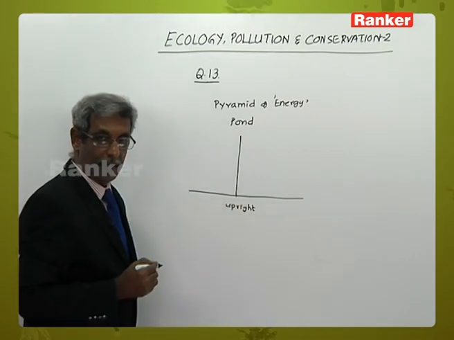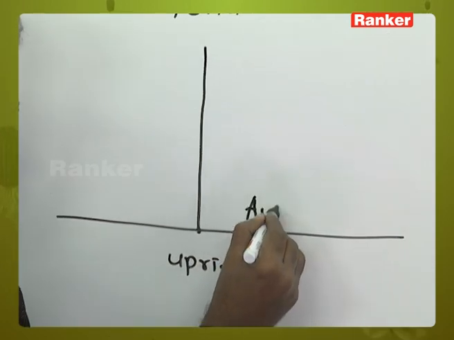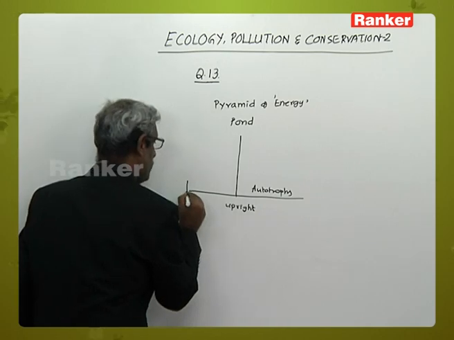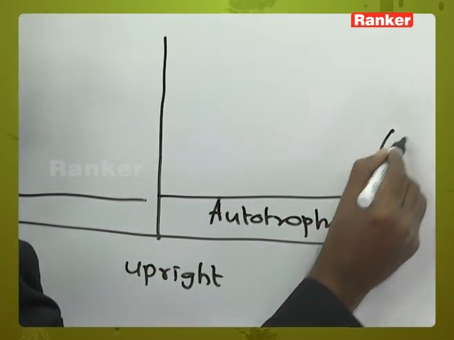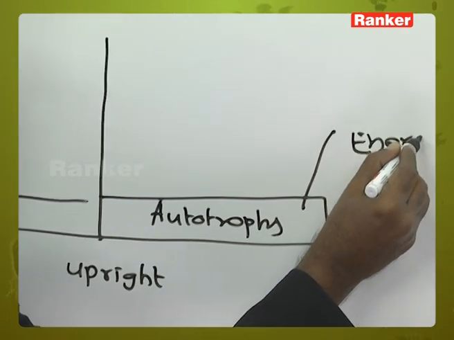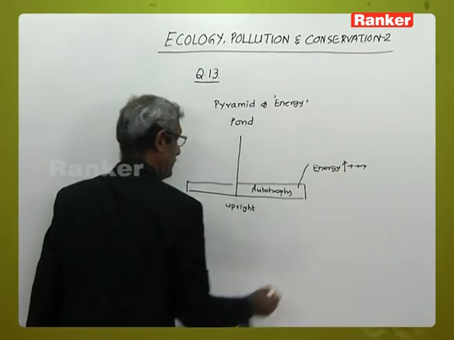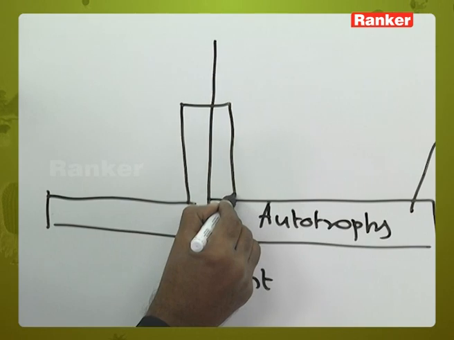When you say upright, it primarily indicates that when we take the autotrophs, the autotrophs have the highest amount of energy. Then we have the algae being fed by the insects.